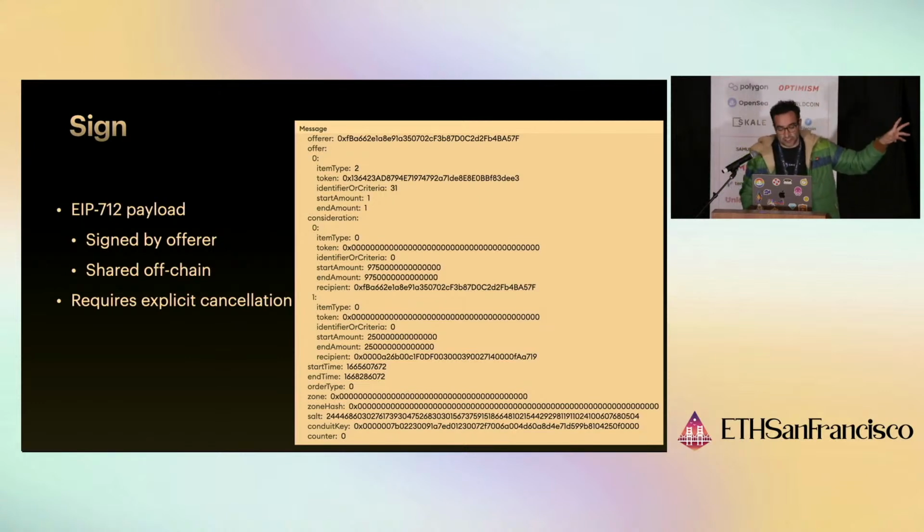The first consideration item is the one that goes to the owner of the NFT, so that's what they're getting paid. The second one is the OpenSea marketplace fee. If there was a creator fee here, the third consideration item would be the creator fee payment. Then you have the start time, end time, zone hash, salt, conduit key, and the counter, which we went over.